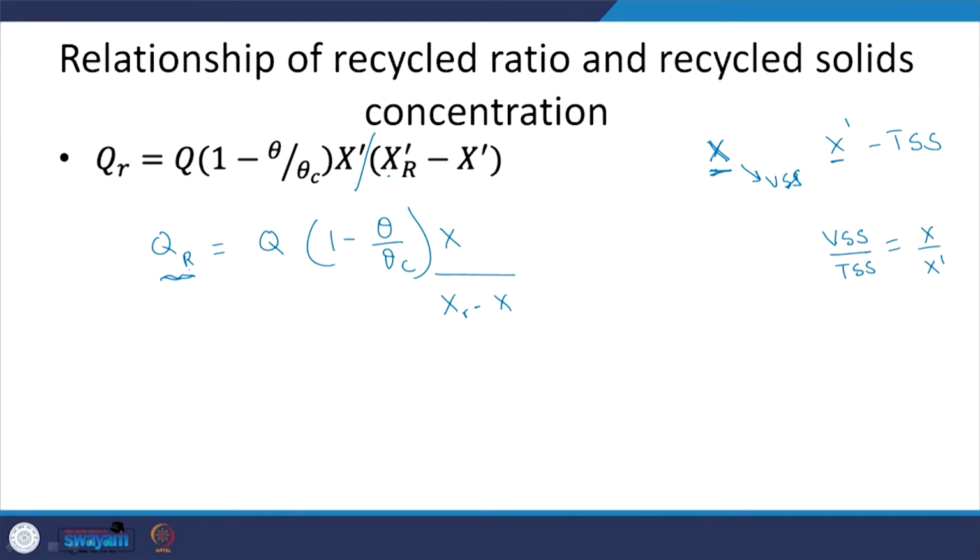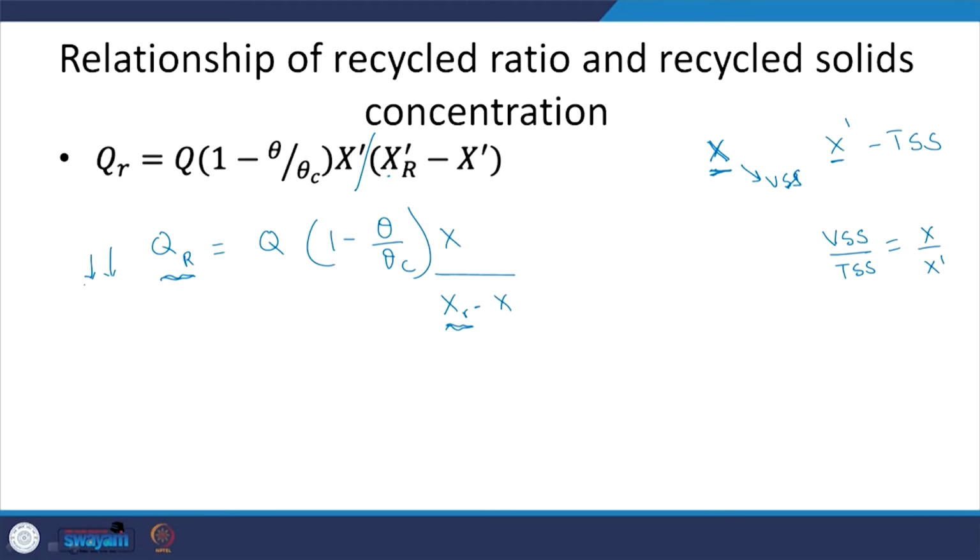So, what are some of the aspects that you need to be concerned about here? One is obviously XR. If you look at the equation and understand the system, if XR is high, then you can make do with a lesser QR.